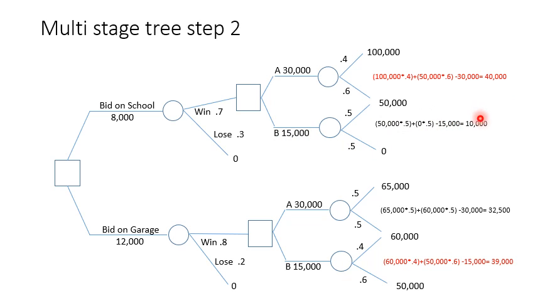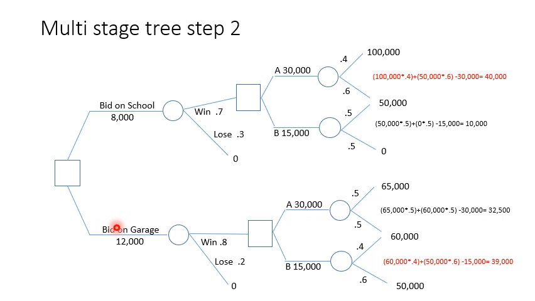So the payoff at this point is going to be 10. I would not logically ever pick the 10,000 over the 40,000, right? This payoff here is higher than the payoff here. Therefore, logically, I would take the option of bringing my A team in, and I would not look at bringing my B team in. I would never take less than more, all else being equal.